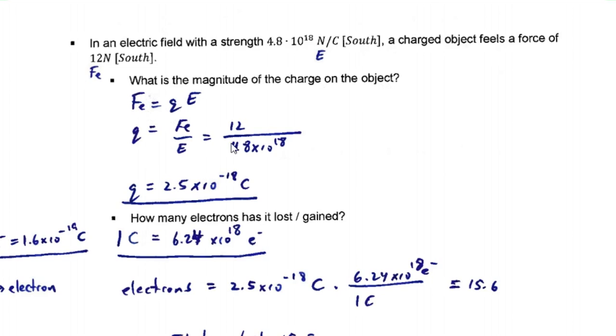Just rearrange this formula, plug in your values, and you get a value for Q. Just bear in mind that when you're punching this into your calculator with scientific notation, make sure that you either have the brackets on either side, or you punch this in first and then go 12 divided by that value.